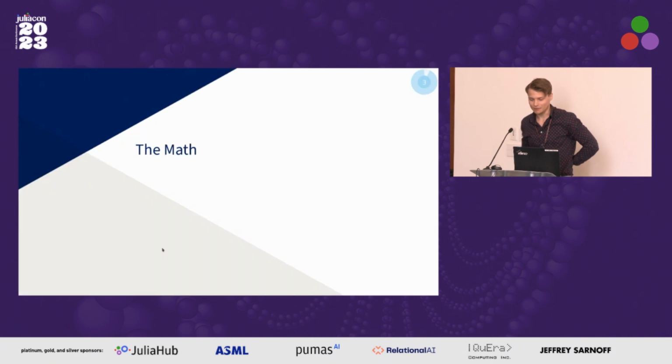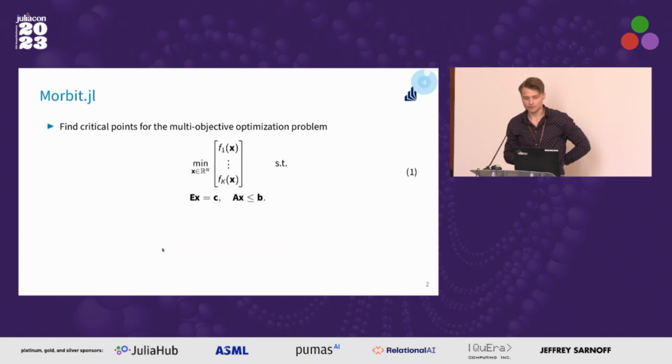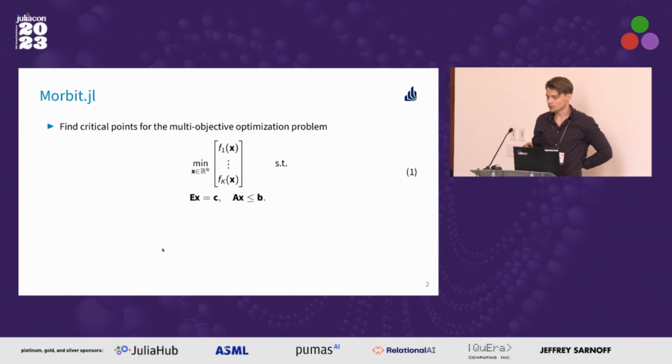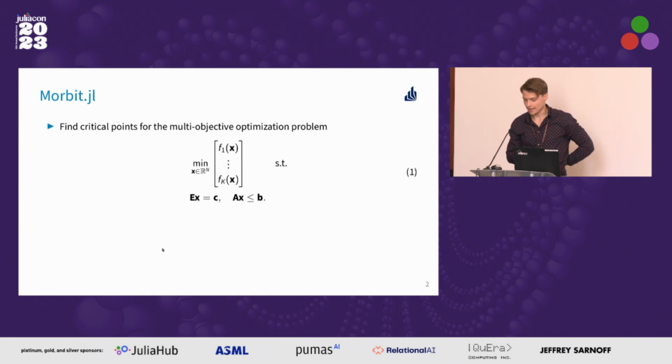And we'll start by looking at a bit of that theory, gloss over some details, and see what we've done so far. So the old package was meant to find critical points for multi-objective optimization problems that looked like this with k nonlinear objectives. And then we were also able back then to incorporate convex constraints like these linear constraints here.